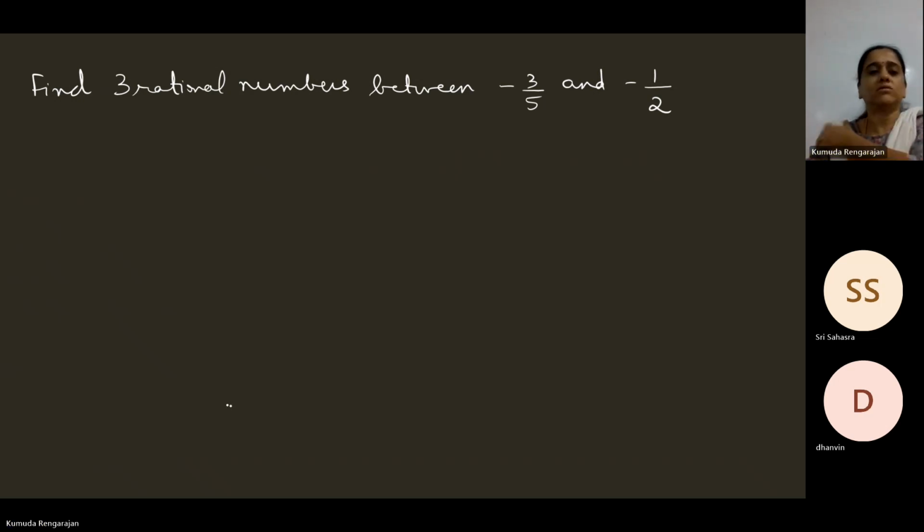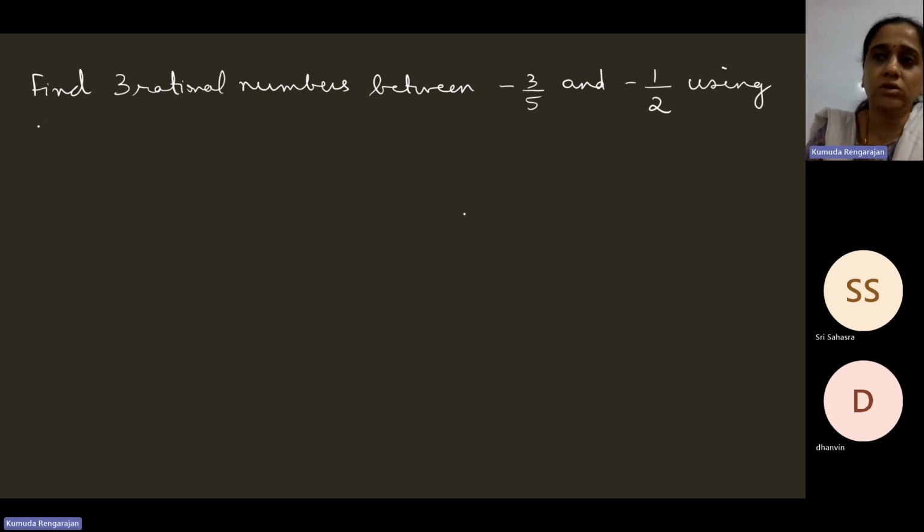Find three rational numbers between -3/5 and -1/2 using both the methods.